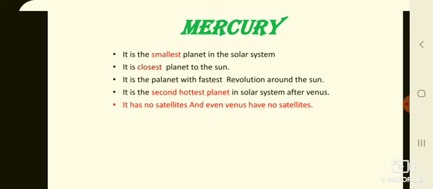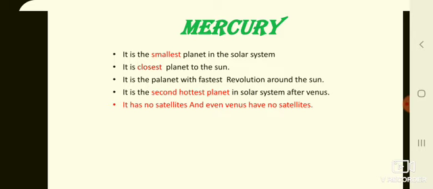Next, it is the second hottest planet in the solar system after Venus. That means Venus is the hottest planet in the solar system, and the second hottest planet is Mercury. Now you might be thinking, how come Mercury is the second hottest planet, despite being nearest to the Sun? How is it possible?